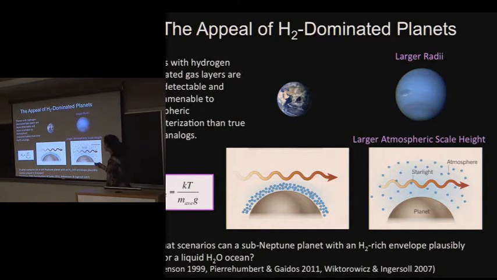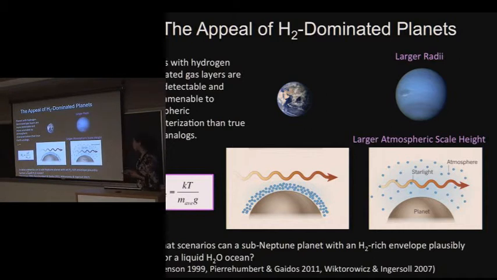For one thing, hydrogen on a low-mass planet can contribute significantly to the planet radius, so with larger radii, these super-Earth planets are more detectable. Furthermore, hydrogen-rich envelopes are more amenable to atmospheric characterization with transmission spectroscopy.